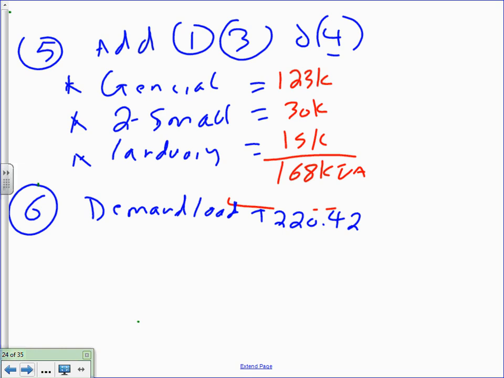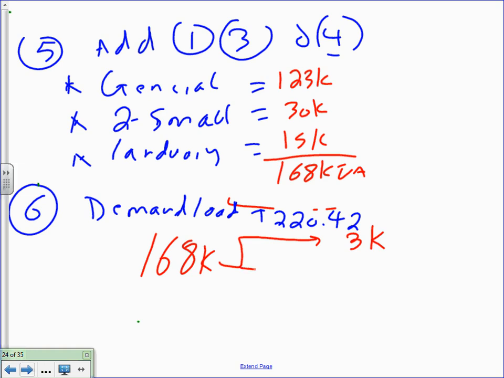Now, demand. This is where we're going to apply demand. You guys remember the demand from table 220.42? I'm going to take 168K and apply the demand on it. The first 3K, leave it alone. Is this more than 120? Yep.